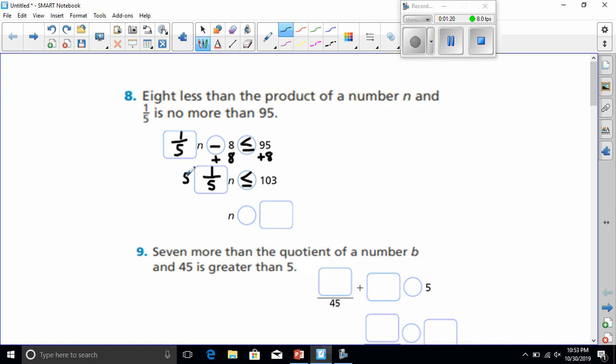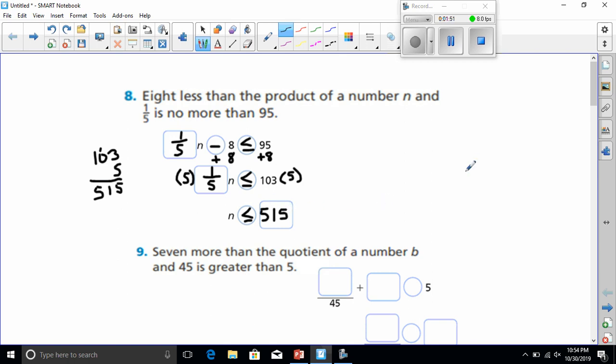That's the inverse of 1/5. And whatever I multiply to one side, I have to multiply to the other side. So n has to be less than or equal to 103 times 5, which is going to give me 515. So my answer must be 515.